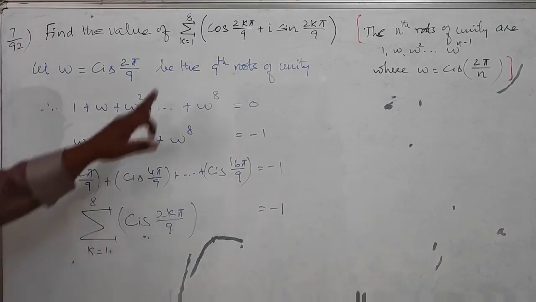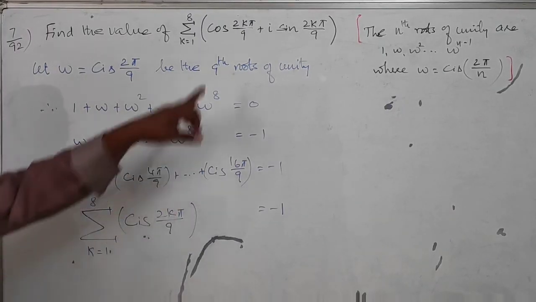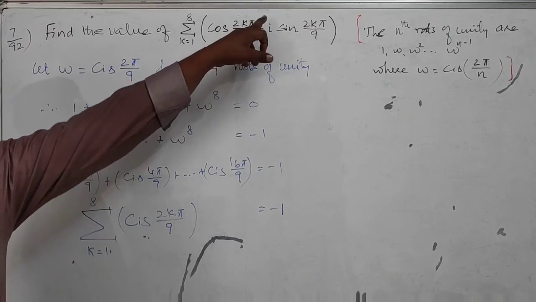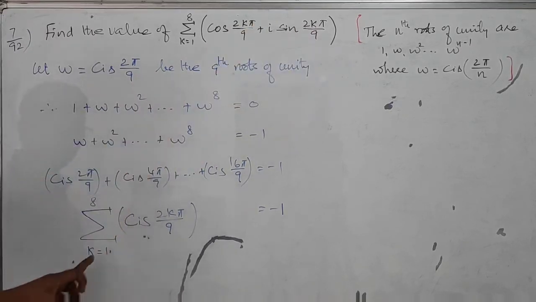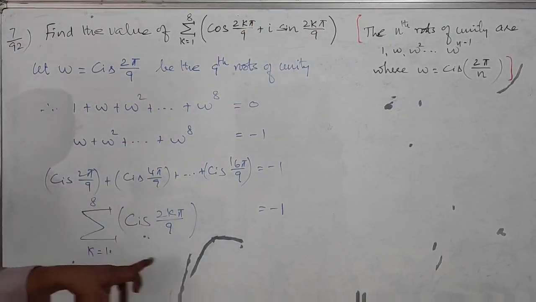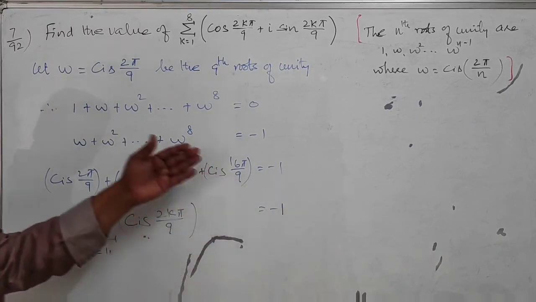Now cis 2k pi by 9 is equal to cos 2k pi by 9 plus i sin 2k pi by 9. Therefore this value will be minus 1.